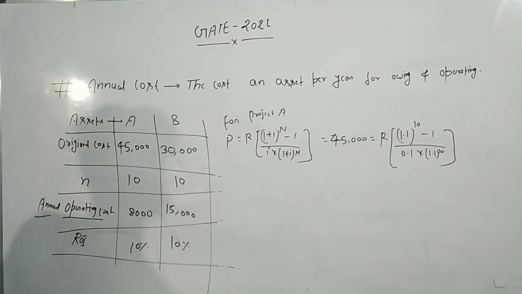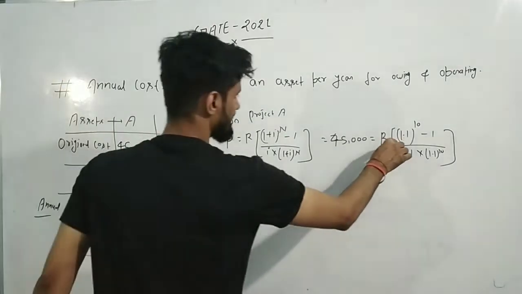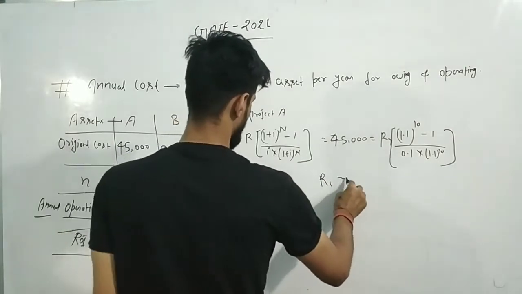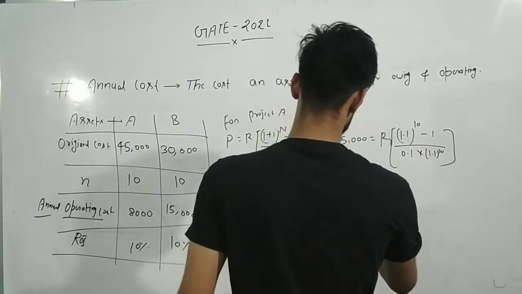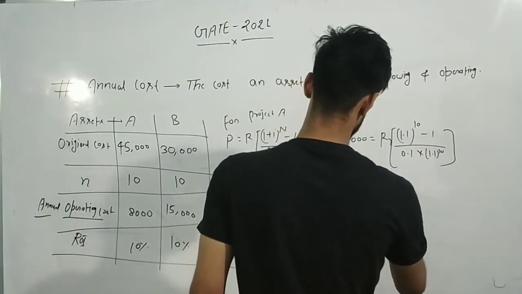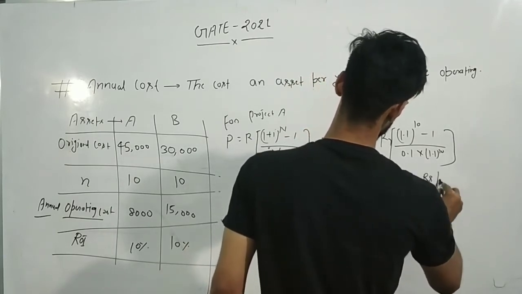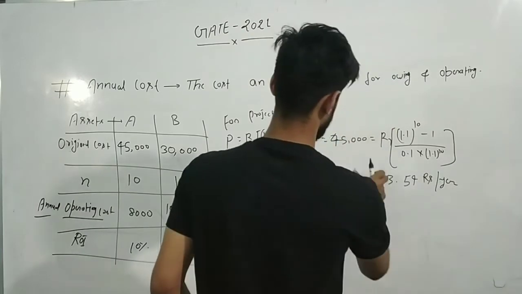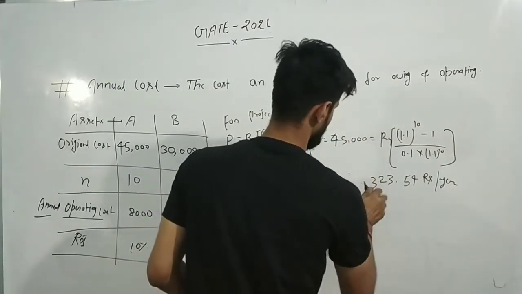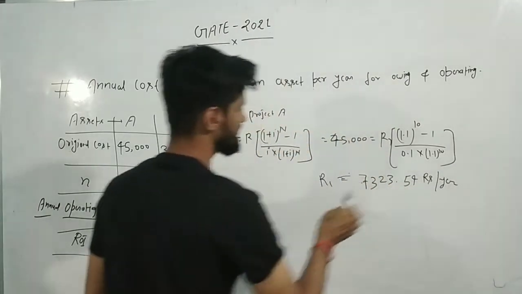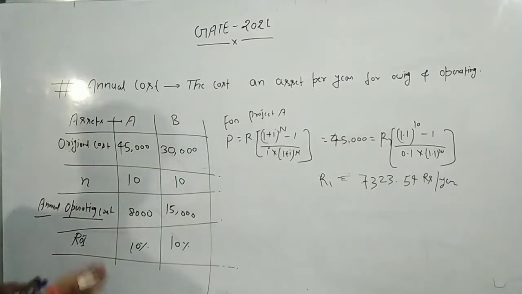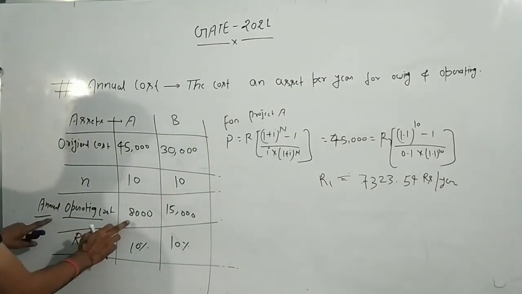So from here, you can get the value of R1, that is equal to 7323.54 rupees per year.